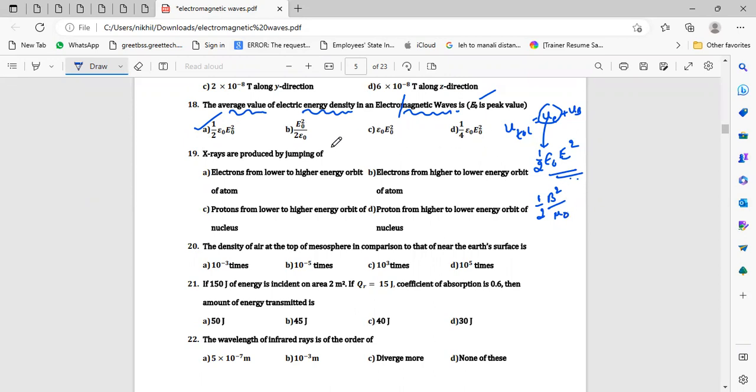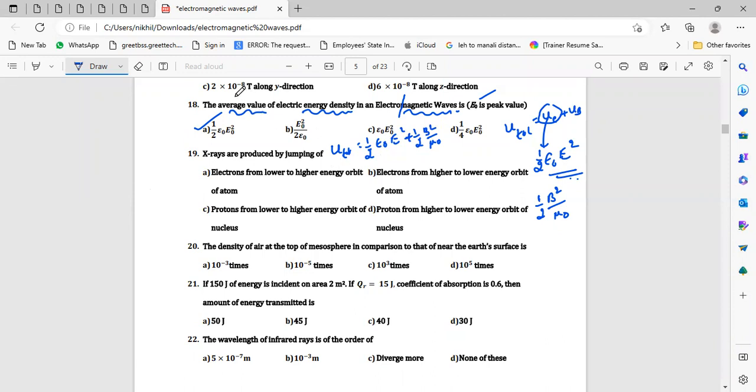Now, what will be the total energy? Taking out the half, it is epsilon naught E squared plus B squared divided by mu naught. This is the total energy of the electromagnetic wave.